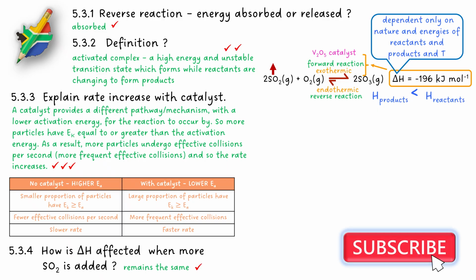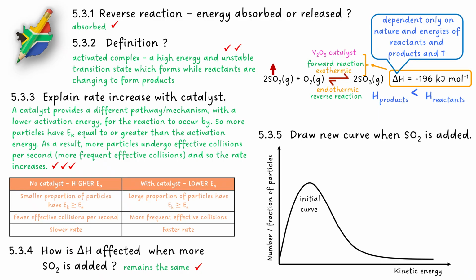Now, although more heat is released overall because more reaction occurs, the heat released per mole of reaction, which is the value of delta H, remains the same. Delta H would only change if the reactants or products change, or if the temperature changes. So delta H remains the same.